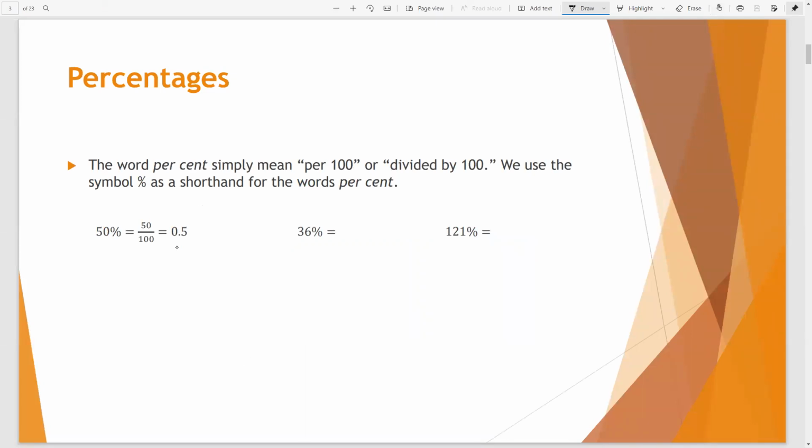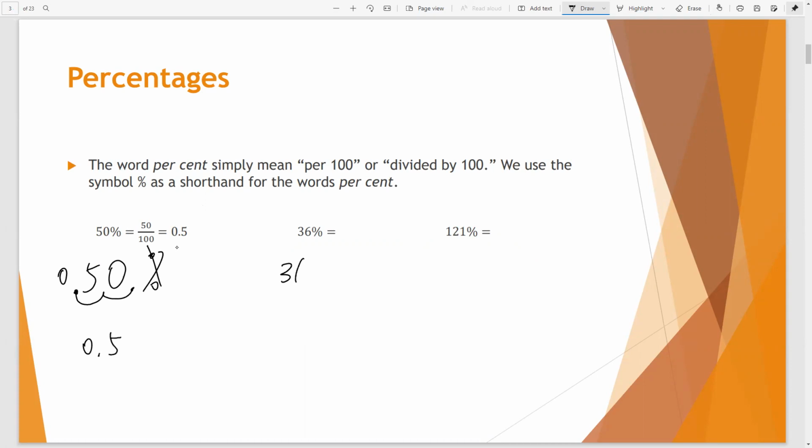Or you can take 50%, you have a decimal point, and move it 2 places to the left. The percent symbol means just divide by 100. When you divide a number by 100, that's moving the decimal 2 places to the left. And you get 0.5.